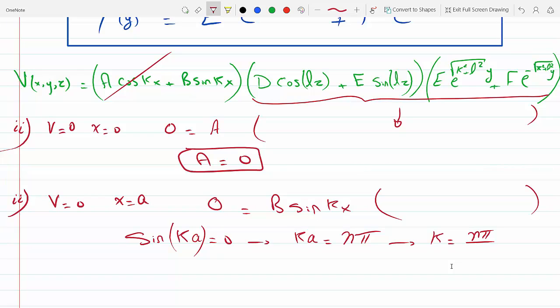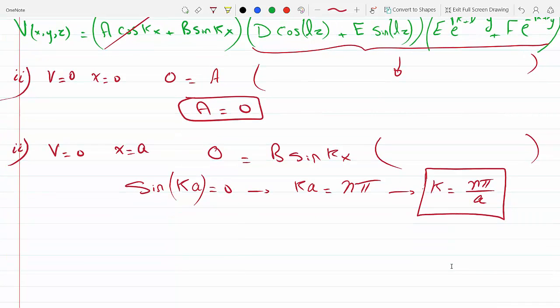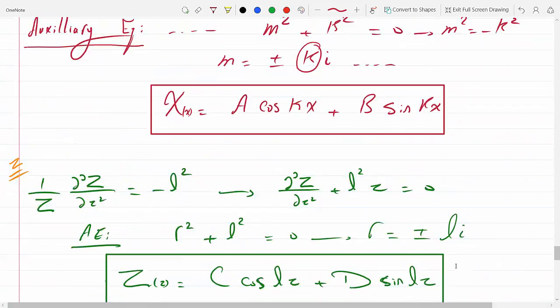So ka equals n pi, so k equals n pi over a. There we go. So we've determined what k is. So this boundary condition solved for k. A is 0.